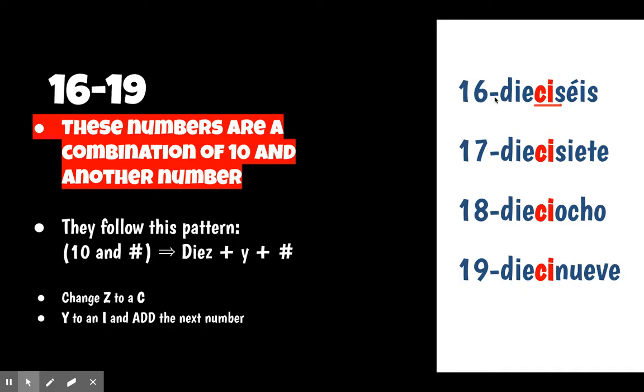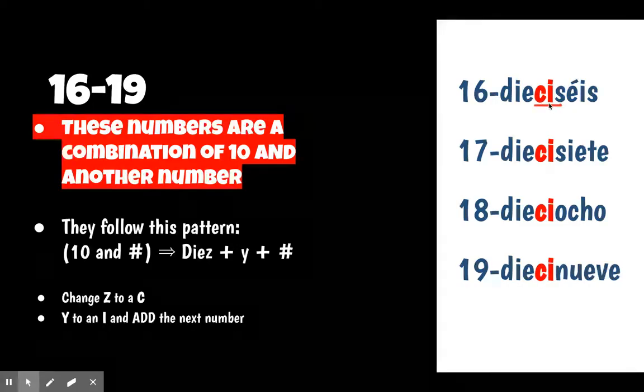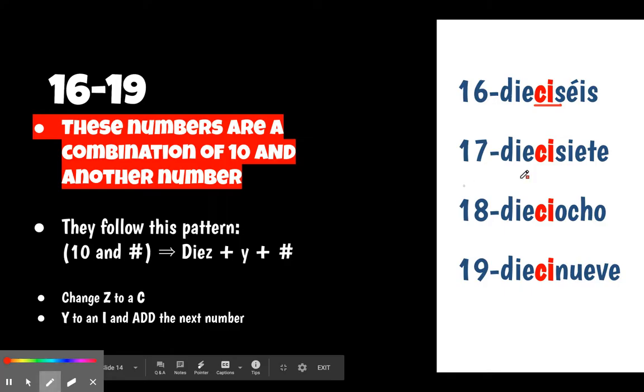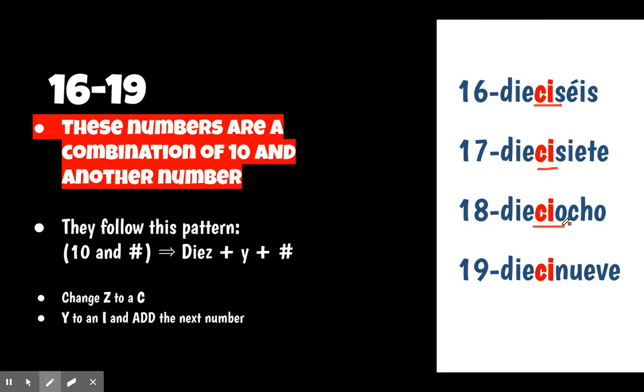You change the z in diez to a c, the y to an i, and you smush them all together. Z to a C, Y to an I, smush them together.